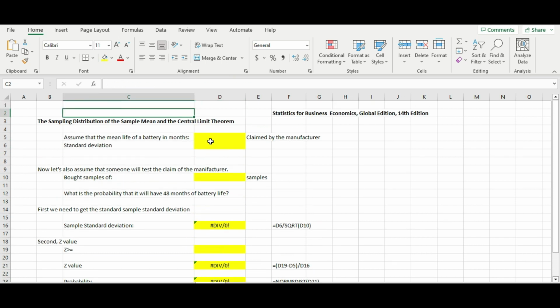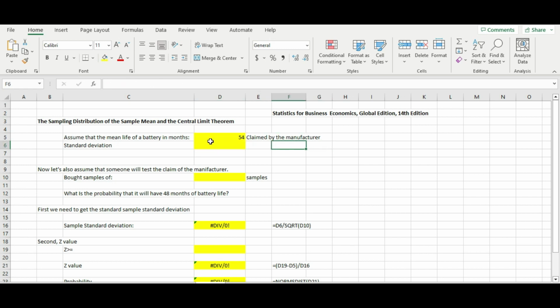As you can see here, for example, we have a battery. Let's say it is a popular battery here in the Philippines, an Amaron battery, and it has 54 months.